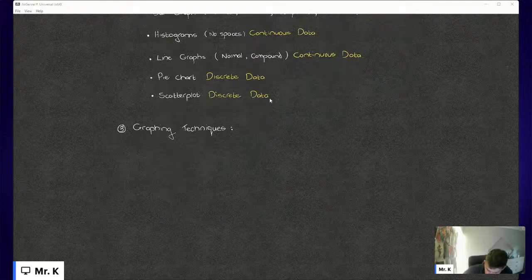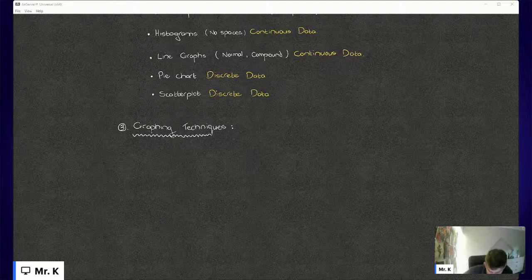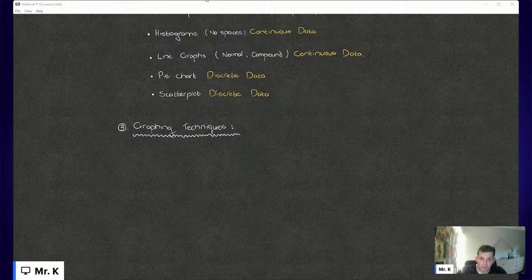So in order to get those 5 to 9 marks, we need to understand what exactly is expected of us when it comes to drawing our graphs, right? Although dealing with data is a huge part of drawing graphs, it's not the only thing that you're actually going to be awarded marks for.